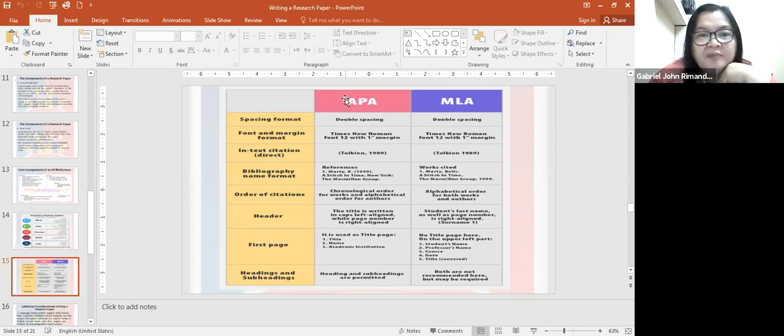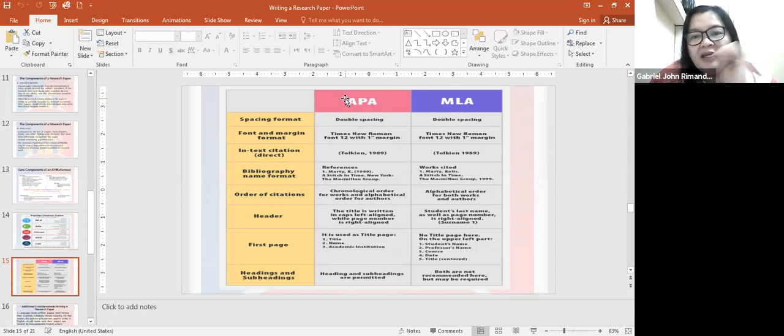Then font and margin format, so you can use Times New Roman, font 12 with 1-inch margin, top, bottom, and sides. Okay? Then in-text citation, which is direct. So let's say you have, you can do annotations that can be found directly after a statement.